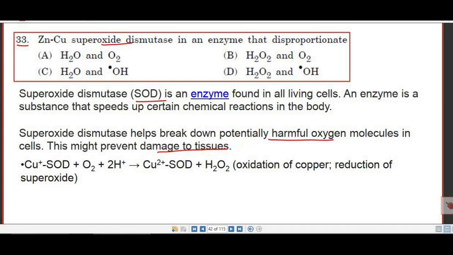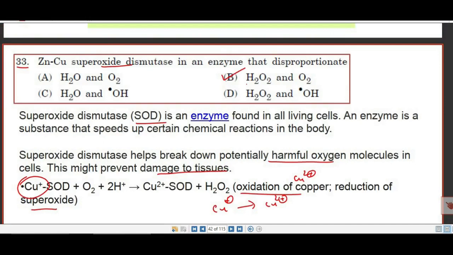Here you see Cu plus is oxidized to Cu2 plus, and reduction of superoxide occurs. It disproportionates superoxide into hydrogen peroxide and oxygen. So answer B is correct.